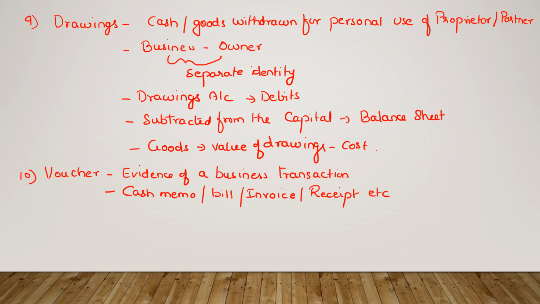That is the evidence of the transaction, and using that, entries are passed in the books of accounts. From that we will be able to ascertain what the transaction is, why it is incurred, where it should go, and at what value we are going to record it. So a voucher is a very important piece of evidence which helps in knowing the details about the business transaction. So these are the 10 accounting terms that we have learned today.